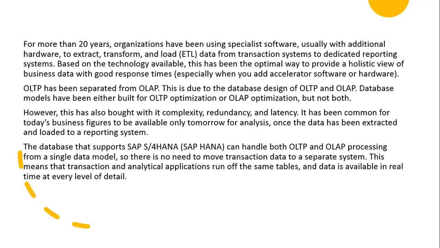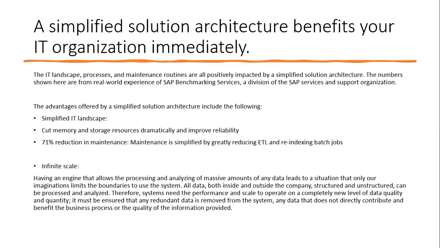But in S4 HANA, those two processes happen at the same time. So it's a big improvement in how the system actually gives feedback to the client. This means that transactions and analytical applications run off the same tables, and data is available in real time at every level of detail. Very, very strong point.